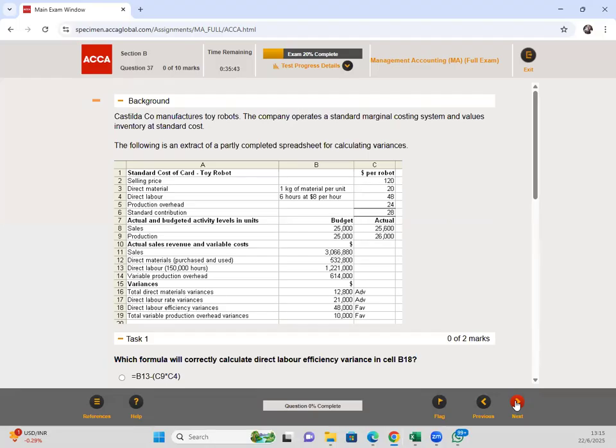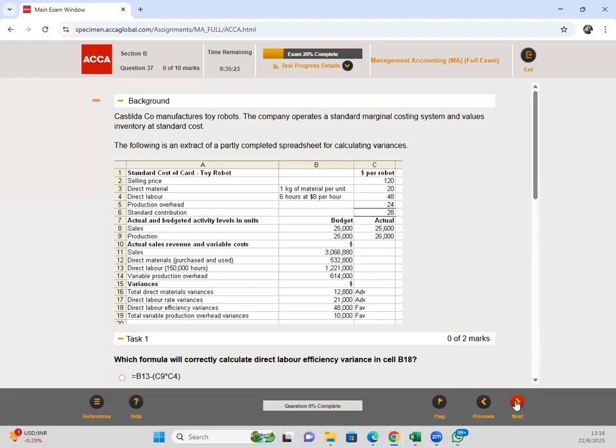Now, let's look at the next question. Castilda Company manufactures toy robots. The company operates a standard marginal cost system and values inventory at a standard cost.